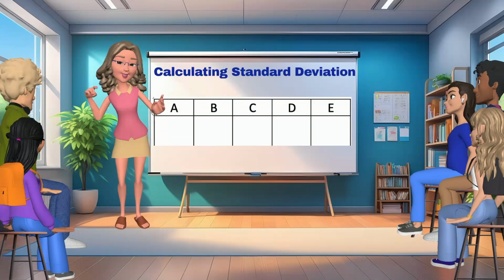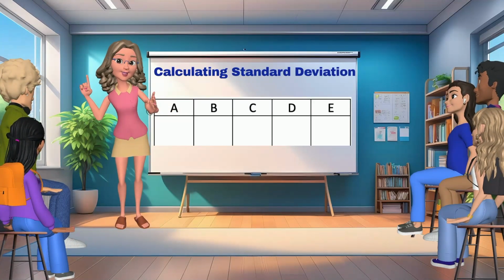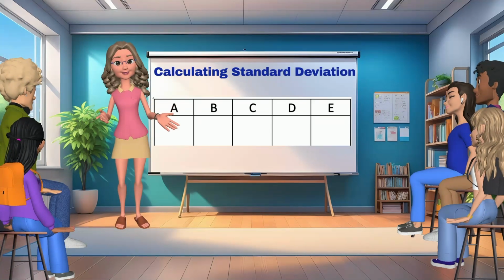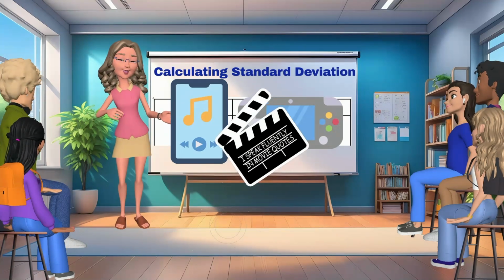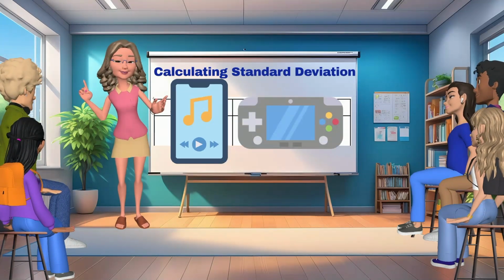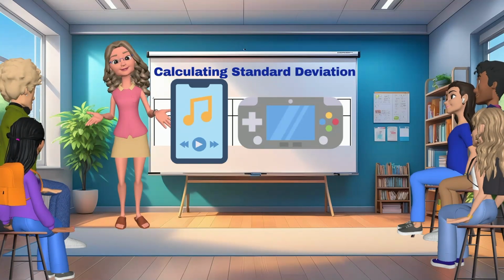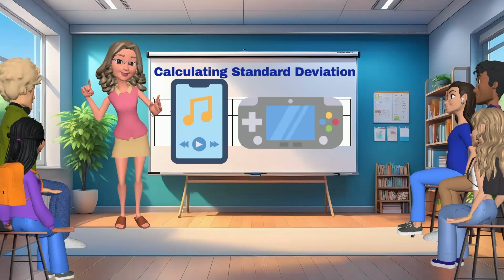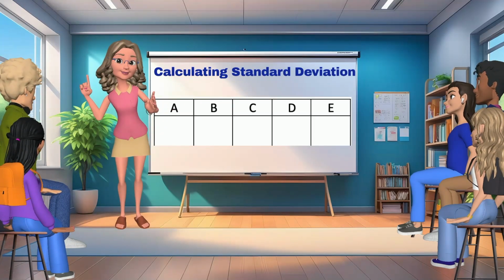Understanding standard deviation is vital because it helps us gauge how typical or unusual each data point is. For example, in our entertainment spending example, the standard deviation can show us whether someone's spending is significantly more or less on entertainment compared to their peers. We can tell whether their spending is unusual.